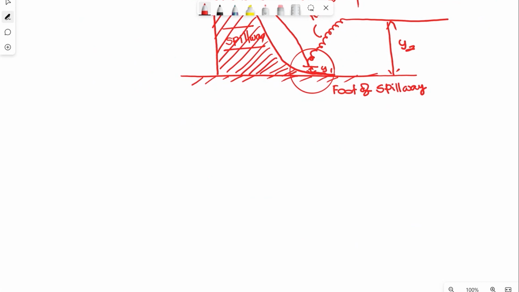Now the next definition: what is a hydraulic jump? Rapidly varied flow is always associated with a hydraulic jump.